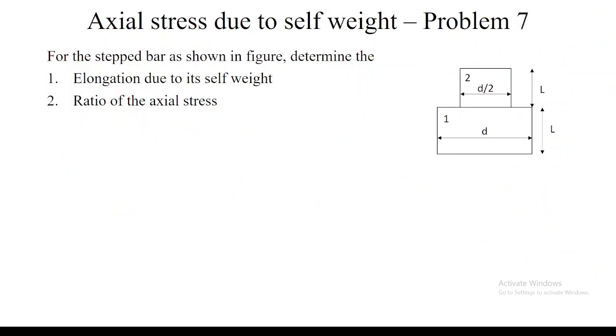So now we will come to this problem. Can you solve this problem? Here I am having a fixed support, and to this support, two bars: one cylindrical bar is of diameter d by 2, and another cylindrical bar is of diameter d.